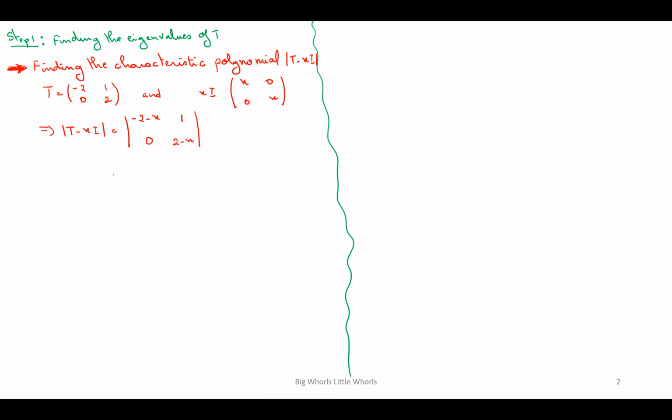So how do we find the determinant of a 2 by 2 matrix? It's very easy. Minus 2 minus x multiplied by 2 minus x. So this is our characteristic polynomial.